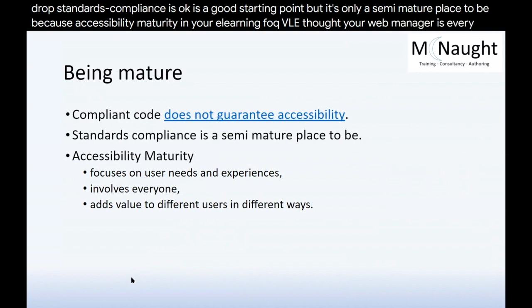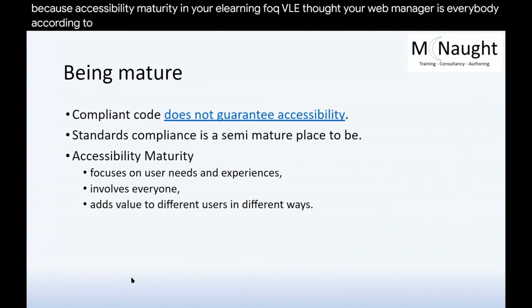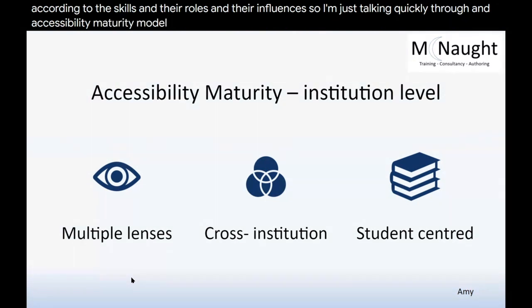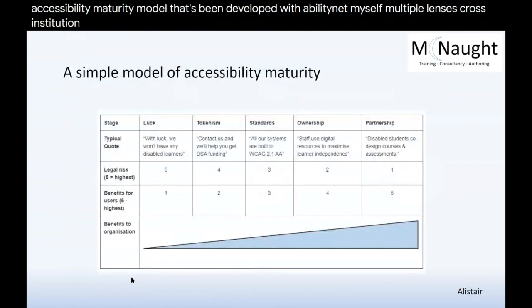It's everybody according to their skills and their roles and their influences. So I'm just going to talk you quickly through an accessibility maturity model that's been developed with AbilityNet and myself, multiple lenses, cross-institution, student-centered. It's very simple.